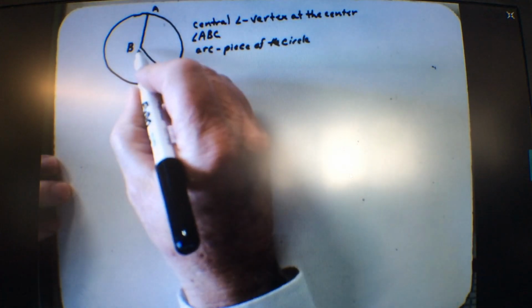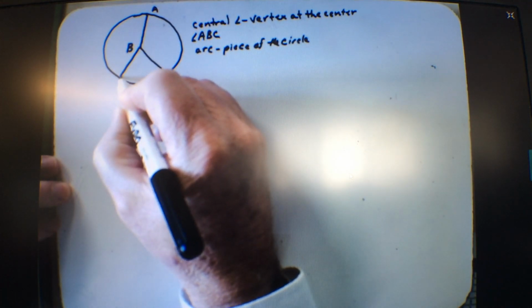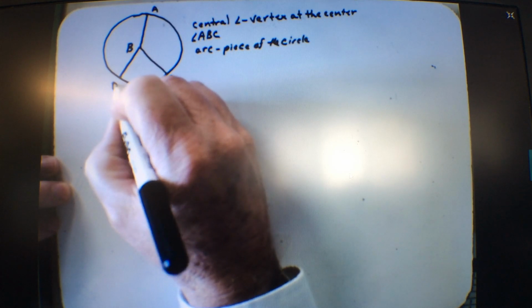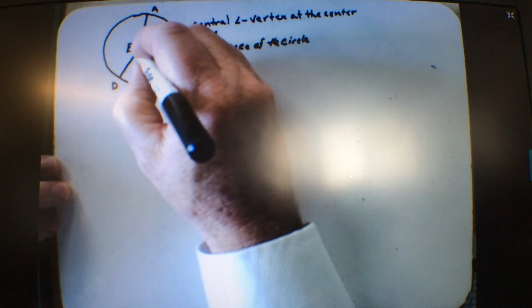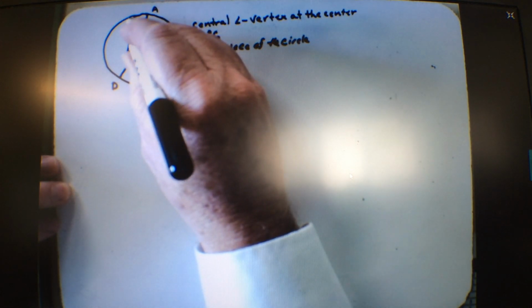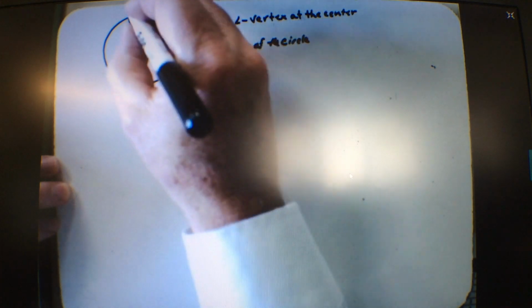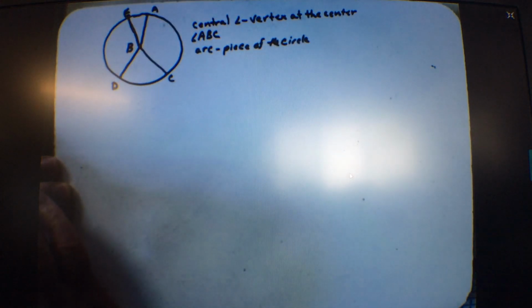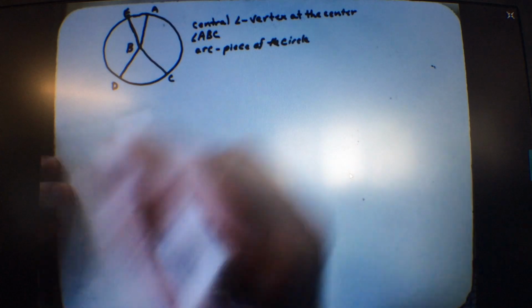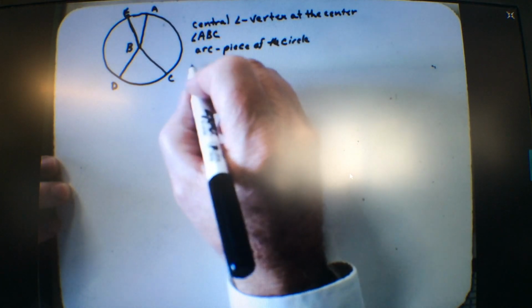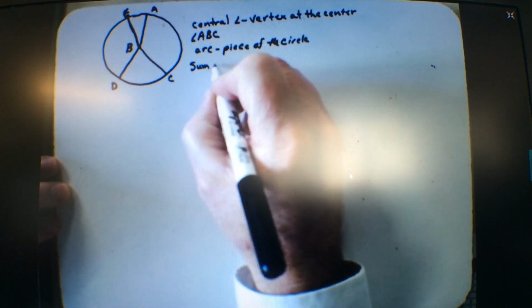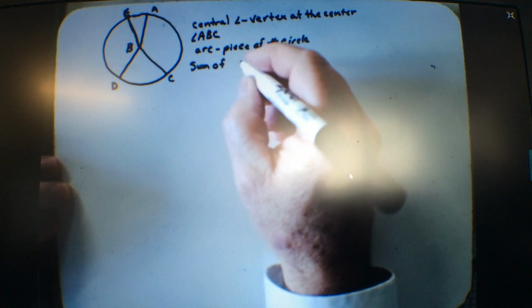Now, I can have a lot of them. Then I can make this one up here like this. Call this E. There's a theorem that says the sum of central angles.